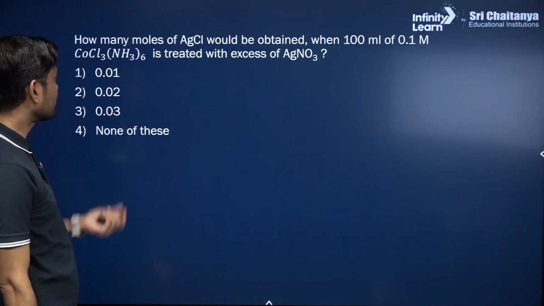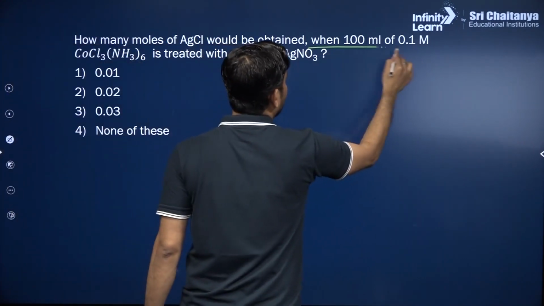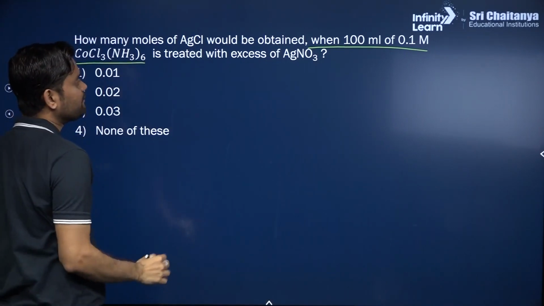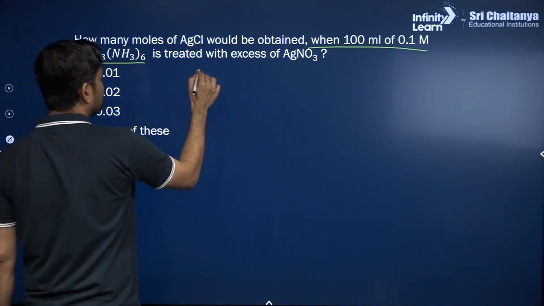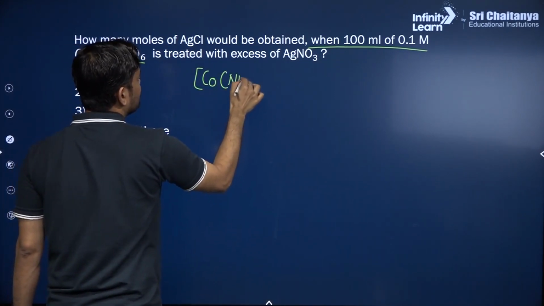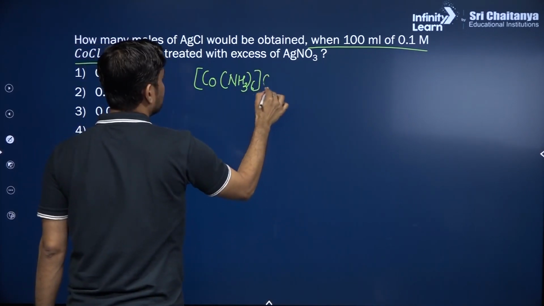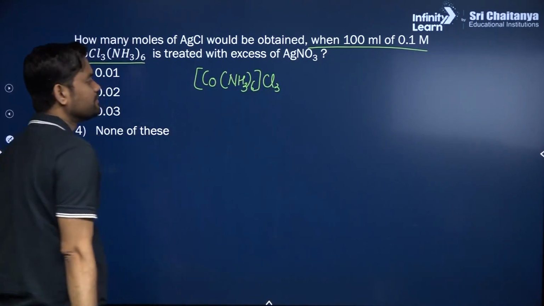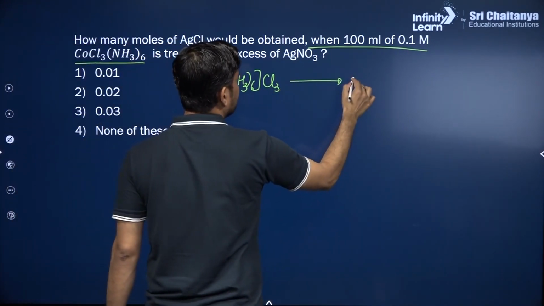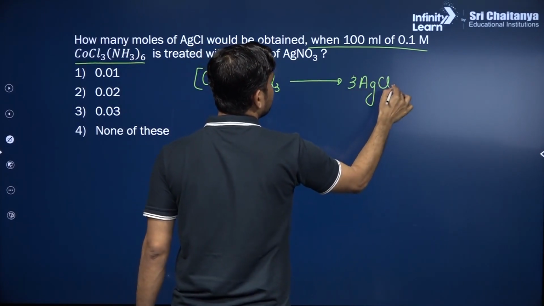Next, how many moles of AgCl would be obtained when 100 ml of 0.1 molar [Co(NH3)6]Cl3 is treated with excess of AgNO3? First of all, its complex will be [Co(NH3)6]Cl3, clear? And once it is treated with silver nitrate, you will get 3 moles of AgCl.